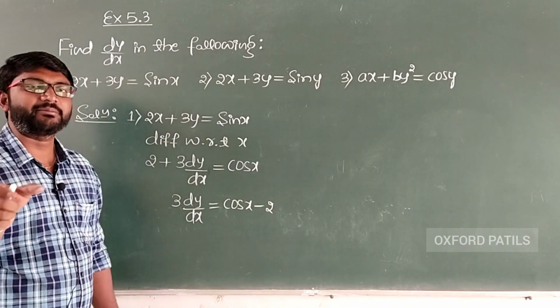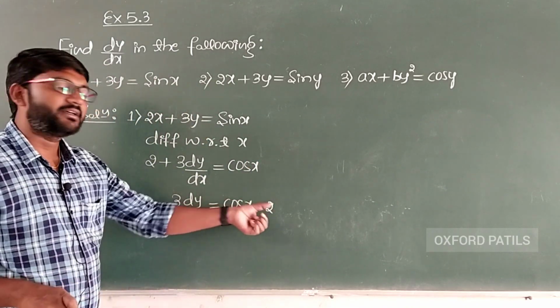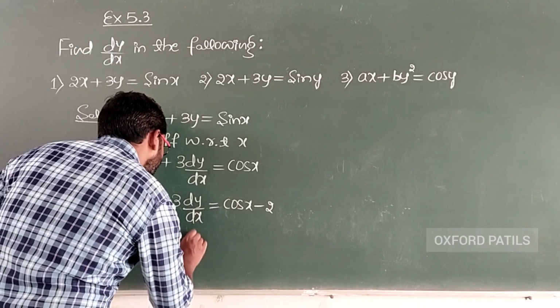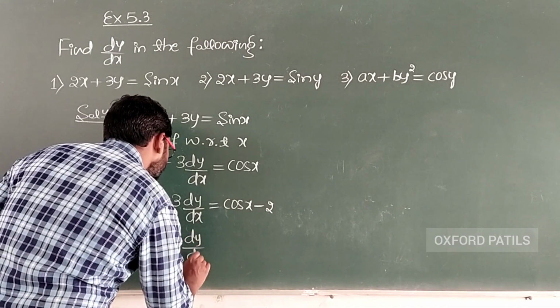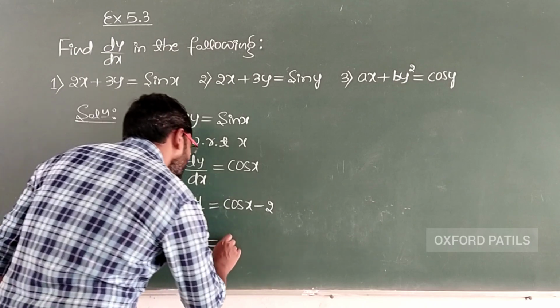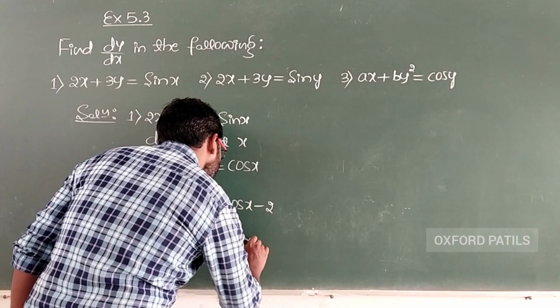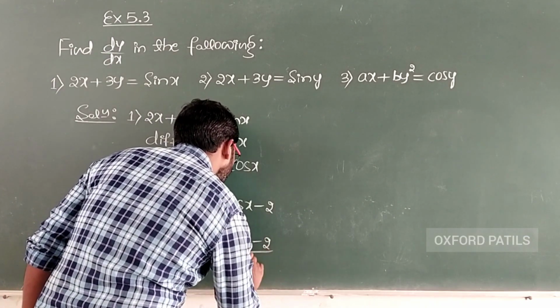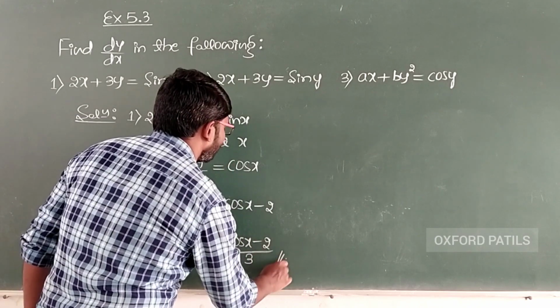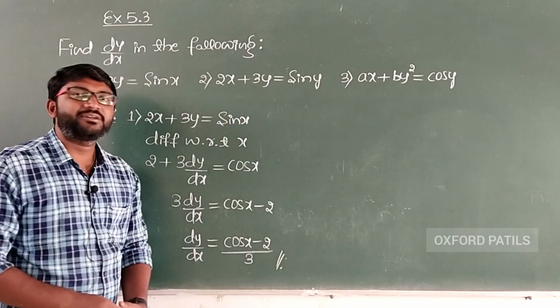Now we need only dy by dx. So take 3 to the right hand side, it goes to the denominator. Dy by dx is equals to cos x minus 2 divided by 3. So this is the required answer for the question number 1.